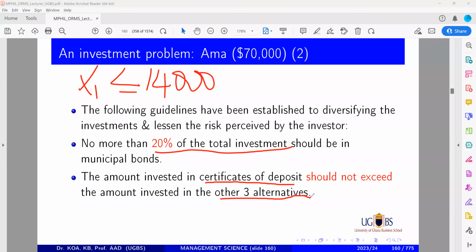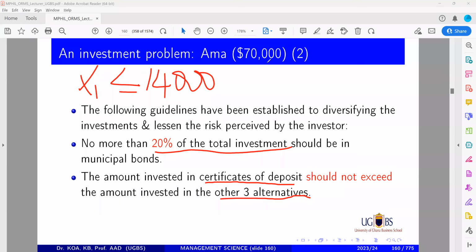What symbol is certificate of deposit? S2. So keep that in mind. And then it says should not exceed.